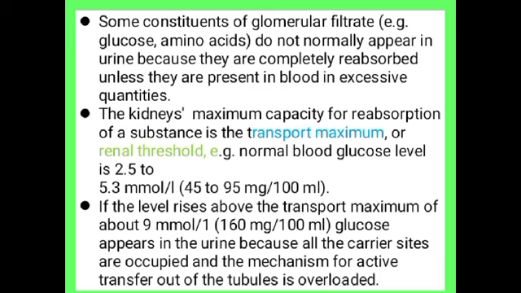You may be asked, what is renal threshold? Renal threshold is the maximum amount or capacity that the kidney can reabsorb of the filtered substances. Take the very glucose we've talked about: for example, the normal amount of glucose is 2.5 to 5.3 millimoles per liter, according to this reference.